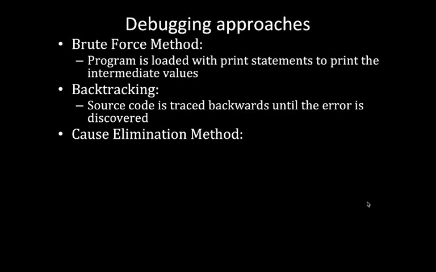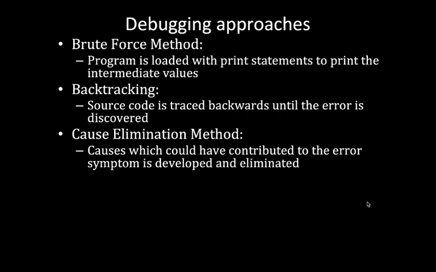We try to find out what all causes can produce these errors, and we design test cases and test for them. If some error occurs in a particular case, we can identify that the error has occurred in that statement. This is known as the cause elimination method.